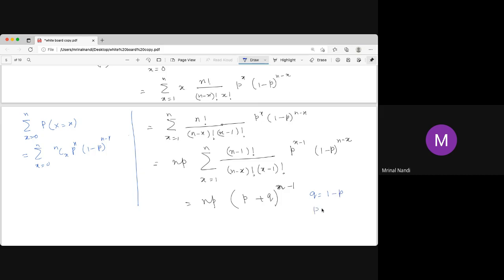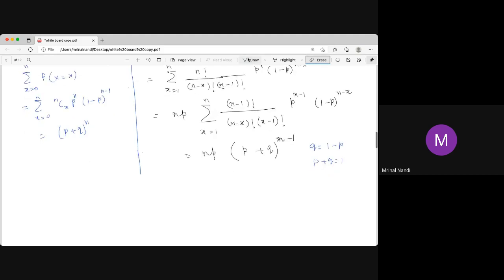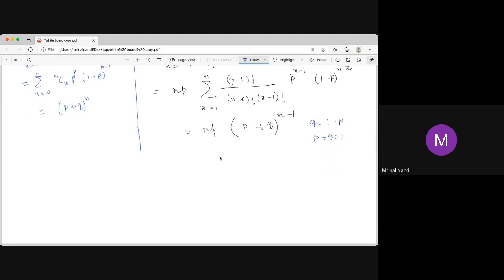So p plus q is 1. So it is just p plus q whole to the power n. We know this. This is called the binomial theorem, and that's why this random variable is called a binomial random variable. Now, why is this p plus q whole to the n minus 1? You can easily see this.